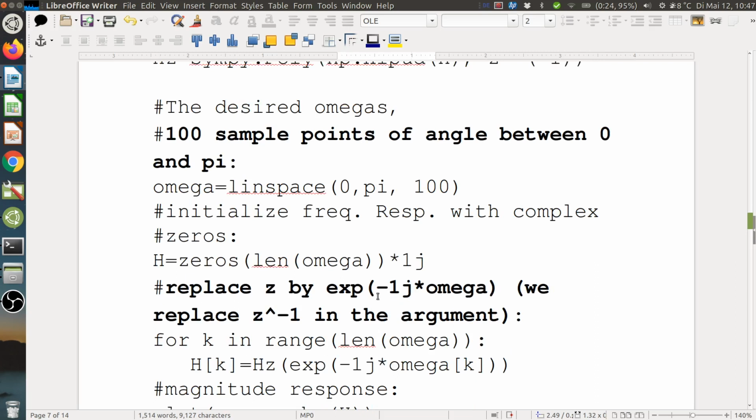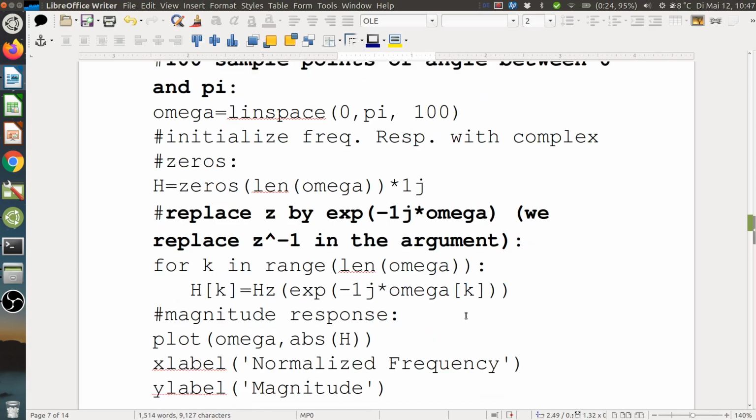Yeah, so next we replace z by e to the minus j omega. Right, and we do that by replacing z to the minus 1 in the argument. So you can see it. Here I have the for loop for my different omegas. So here k represents the samples of my frequency domain.